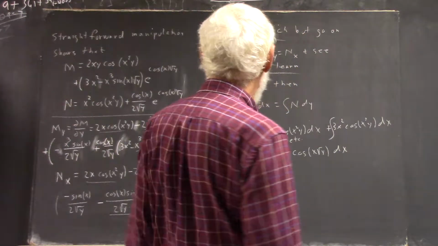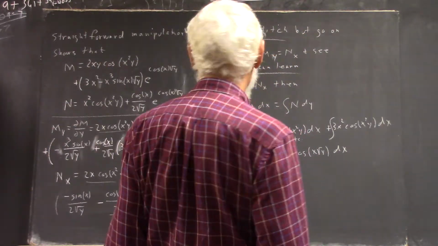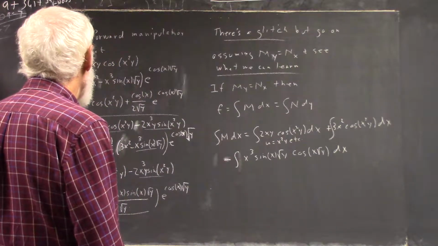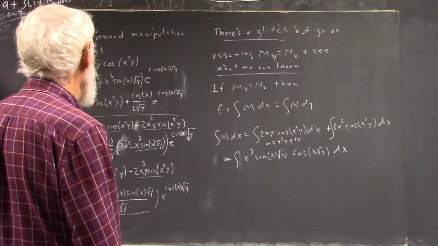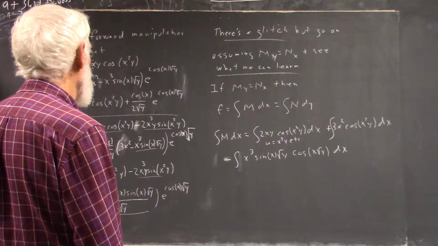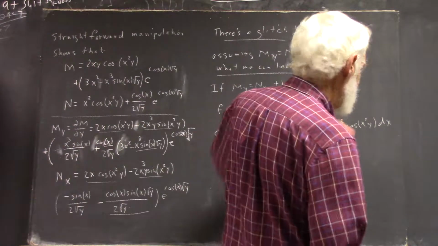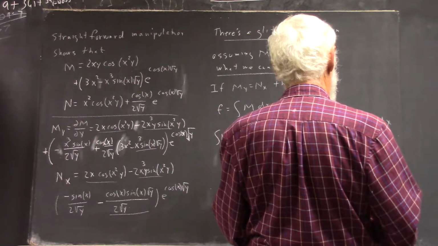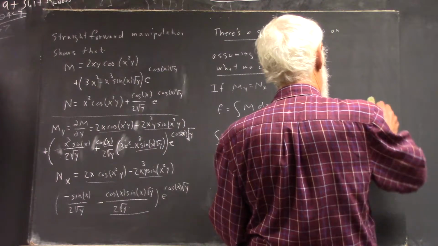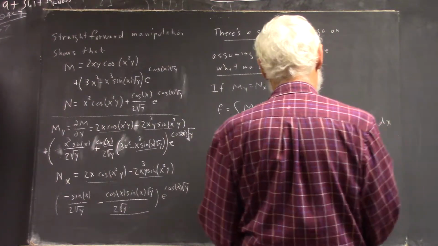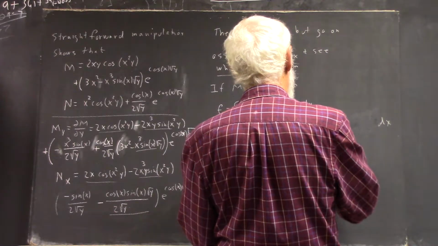Okay? Let's make sure. Got 3x squared, and it's e to, I didn't write e in this one or this one, but that's all. You gotta be careful with bookkeeping.